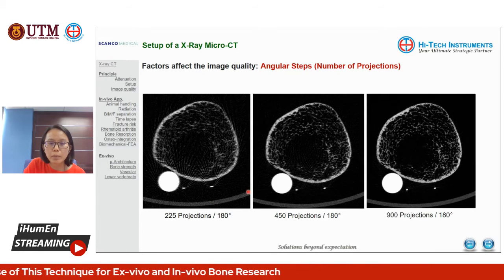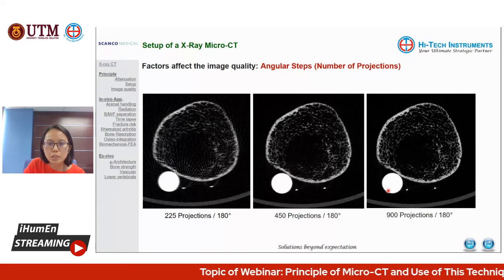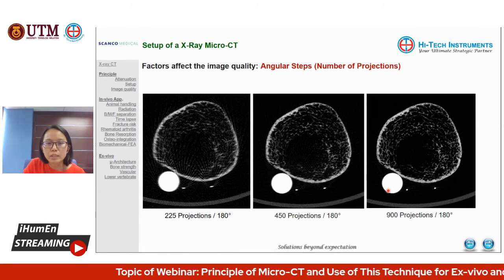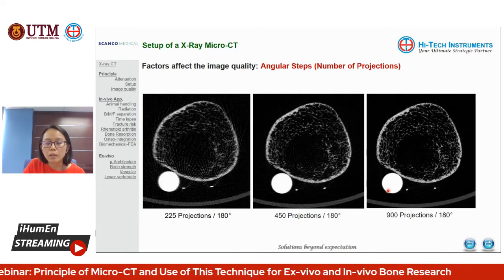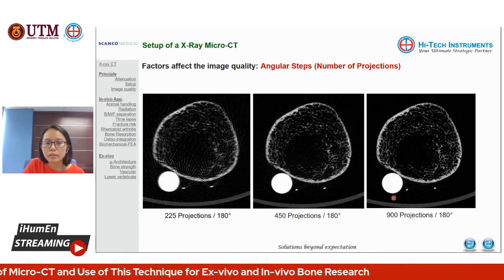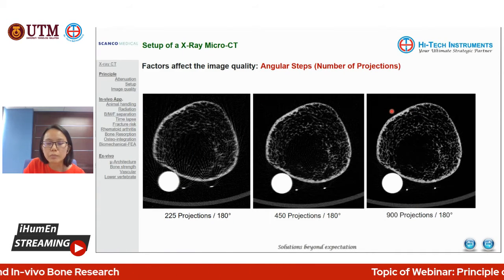Whereas for this, it's about 0.4 degree. It will rotate 0.4 degree to capture one piece of data. For 900 projections, it will rotate 0.2 degree to get one piece of data until it has rotated 180 degrees. So from 0 to 180 degrees, 900 projections will have been captured.